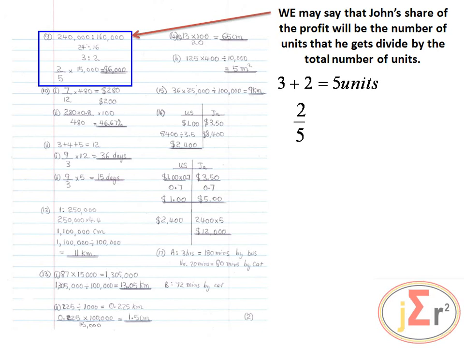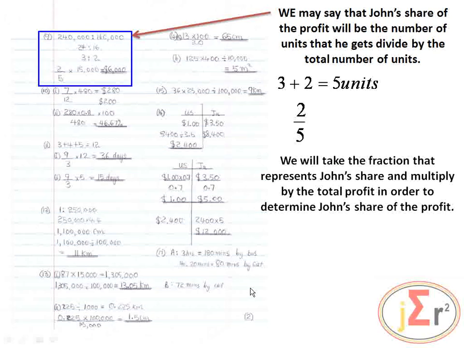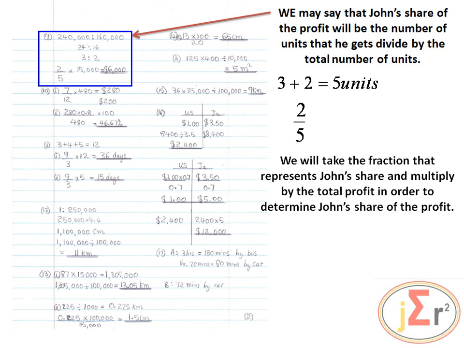Now we will go straight ahead and multiply by the total profit in order to arrive at John's share of the total profit. We will take the fraction that represents John's share that we have right there and multiply by the total profit in order to determine John's share of the profit.